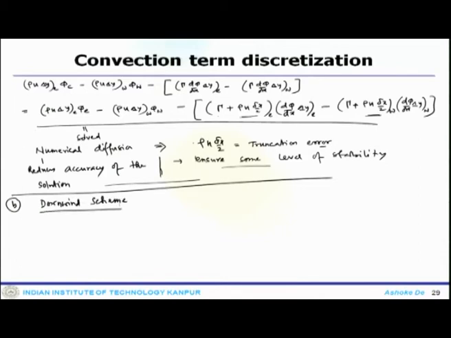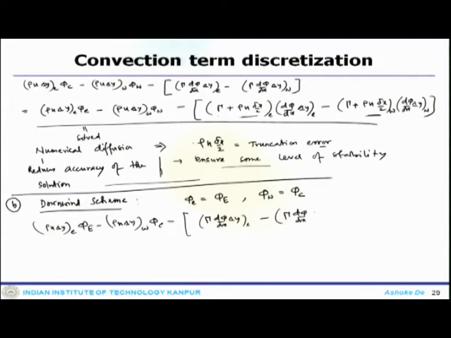In the downwind scheme, since it is the reverse of the upwind scheme, your phi E is now phi E and phi W is phi C. So the discretized equation is rho u del y E phi E minus rho u del y W phi C, minus gamma d phi by dx delta y east minus gamma d phi by dx delta y west, which is 0.